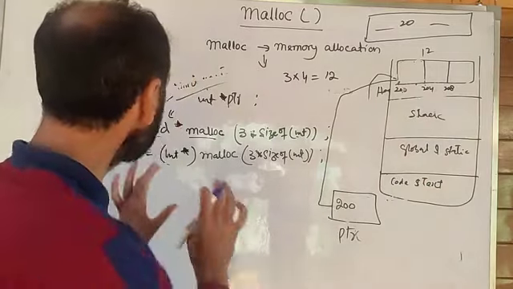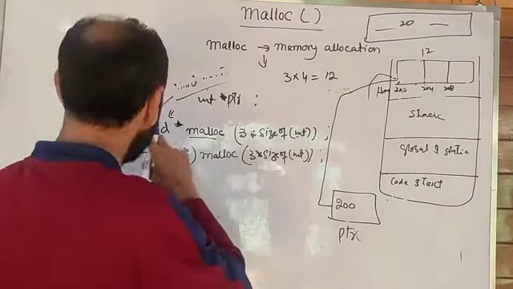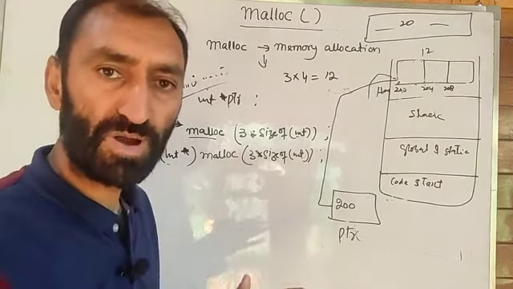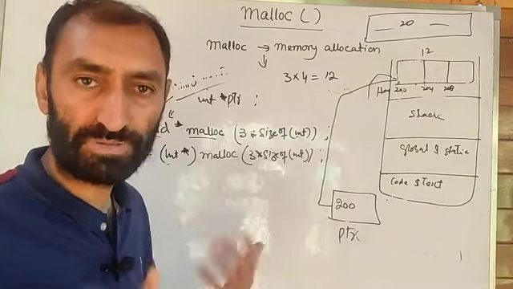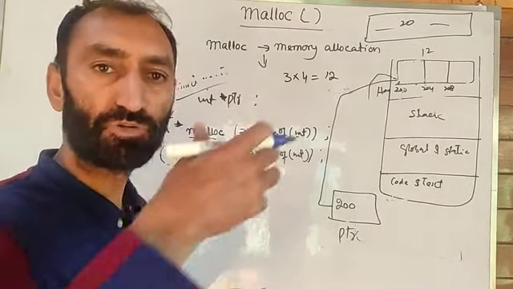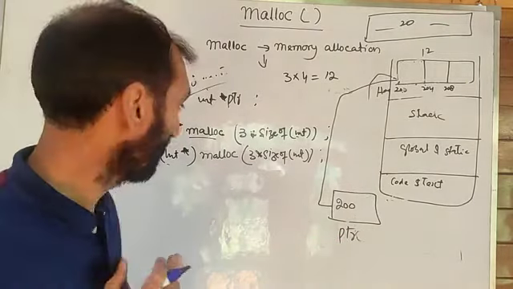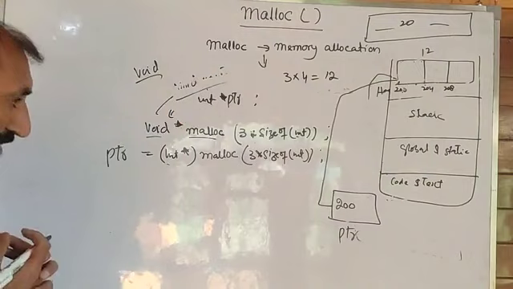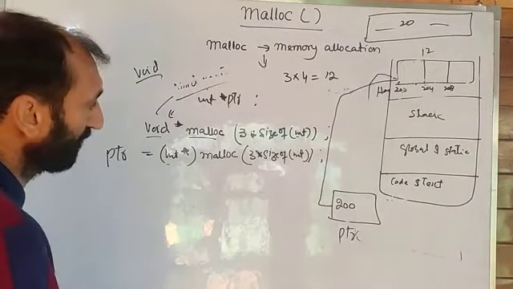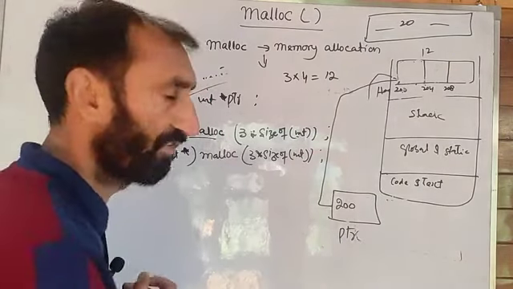The return type of malloc is void pointer, and we can typecast it to any other pointer according to programming need: integer, float, or any other data type. Now I am going to write a program, and with the help of that program, we will discuss the working of the malloc function.